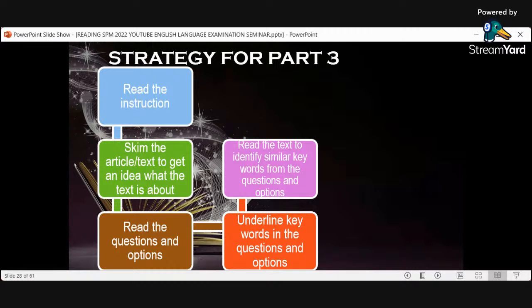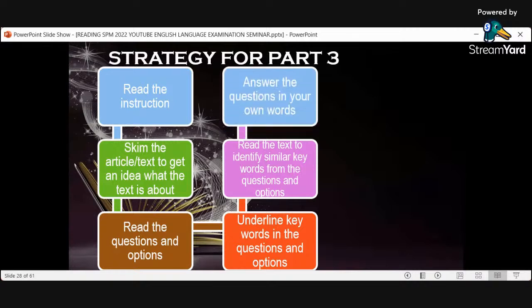Now, this is one thing you need to know. By right, the questions follow the flow of the text. Okay, so question number 1 always comes from the beginning and then it goes down the text. That's a good exam question. So usually it happens that way. You just follow the flow of the text to get the answer. Right?